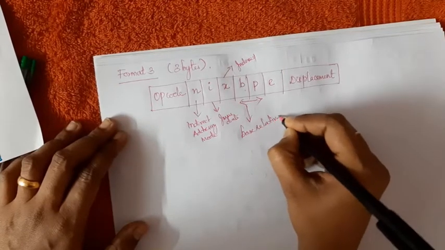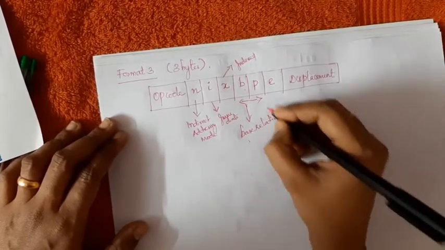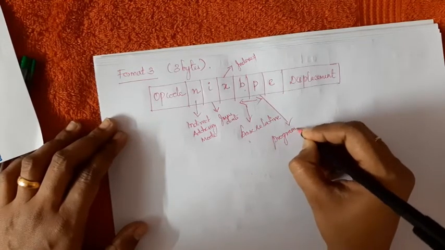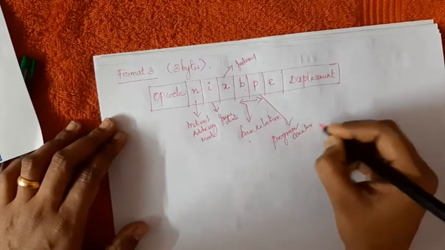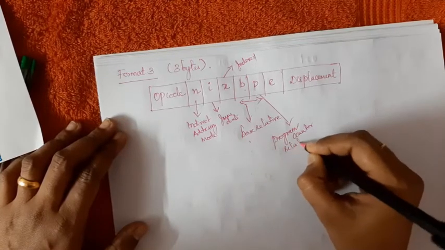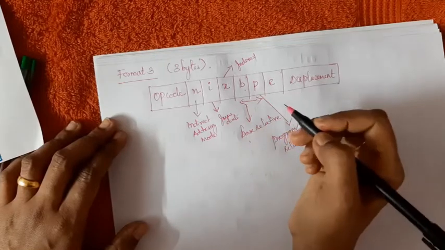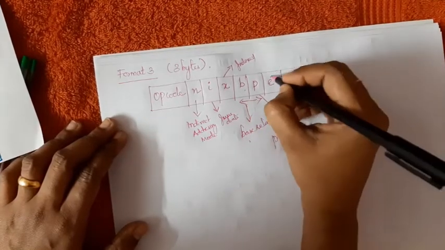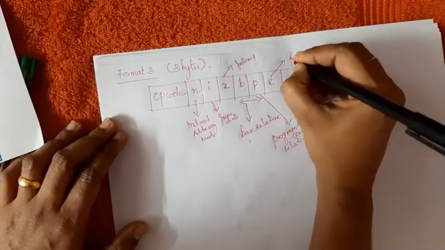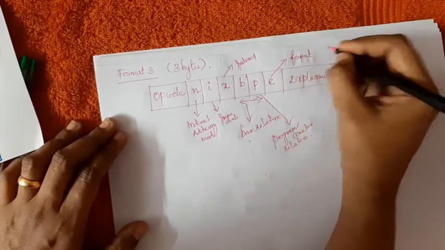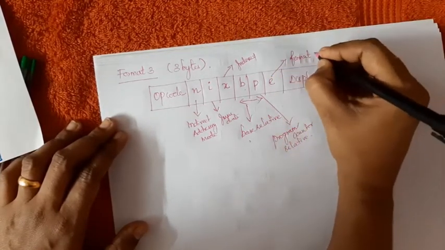Once again we will study this in addressing modes concept. Program counter relative addressing mode. Okay, so these two are for calculating the target address of an instruction. And this E would be the format of the instruction, to identify which format the instruction is taken.